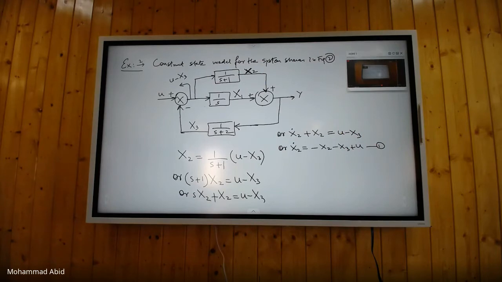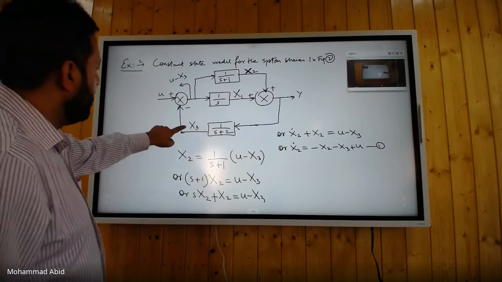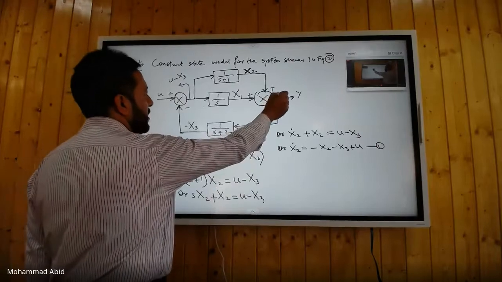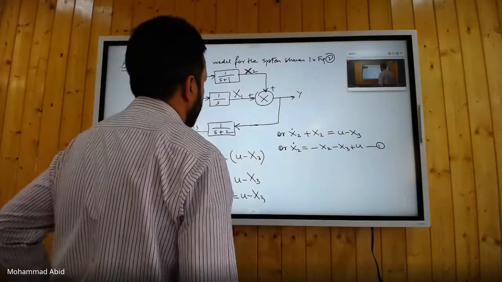Now I write down the equation for x2 dot. X2 dot is coming out to be minus x2 minus x3 plus u. Now what will be the equation for x1 dot? Or let me write down the equation for x3 dot first. What is the signal here? This is X1 plus X2.